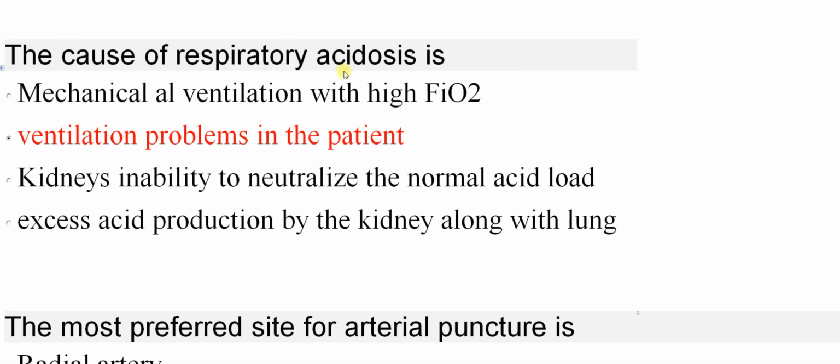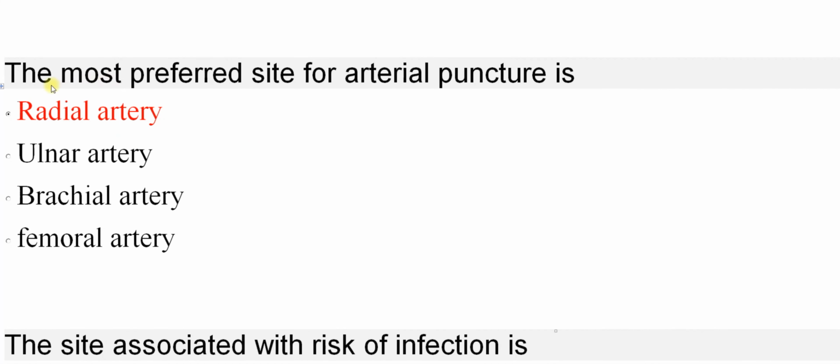The cause of respiratory acidosis is, answer is ventilation problems in the patient. The most preferred site for arterial puncture is radial artery.